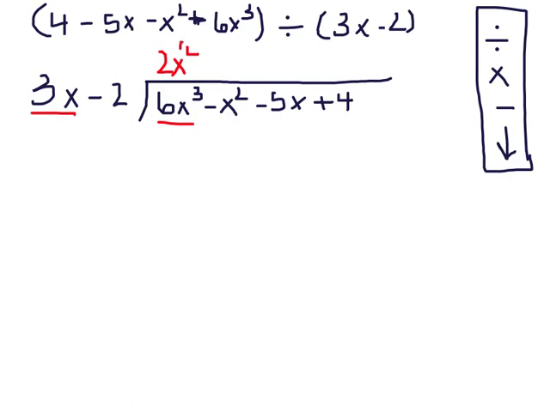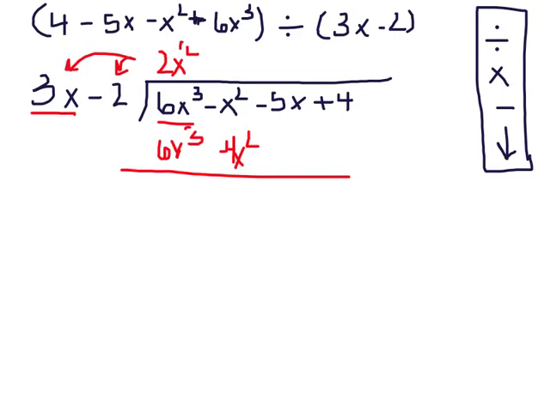So after we divide, then we are going to multiply. 2x squared times 3x is 6x cubed. Okay. If you have done the process right, these should be the same. And then 2x squared times negative 2 is negative 4x squared.